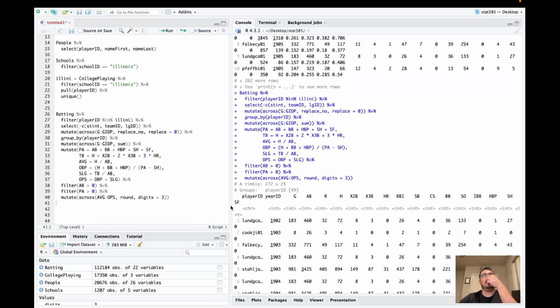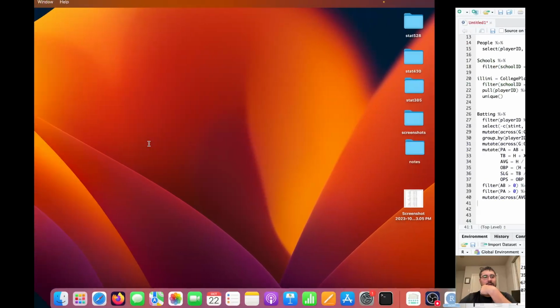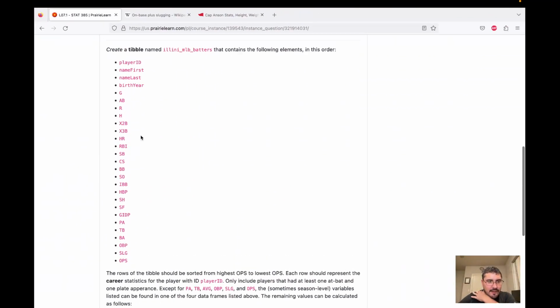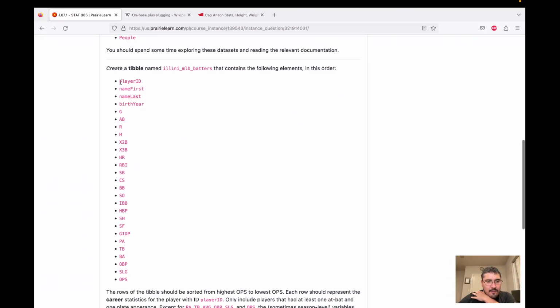Okay, so we need to get, what do we need to get? We need to get name first, name last, birth year. Okay, and that's from people.